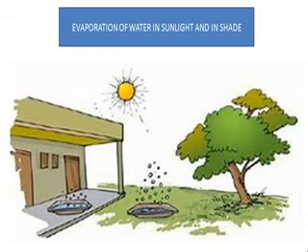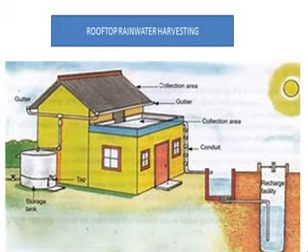So how do we conserve water? The best and most modern way nowadays is rooftop rainwater harvesting. Now what is rooftop rainwater harvesting? You can see on the slide a very good diagram.